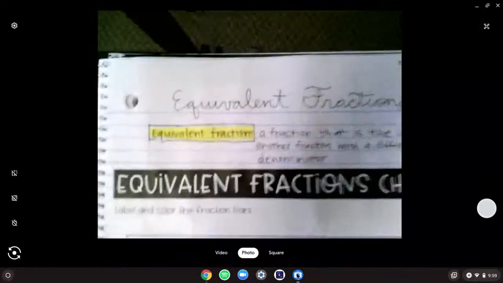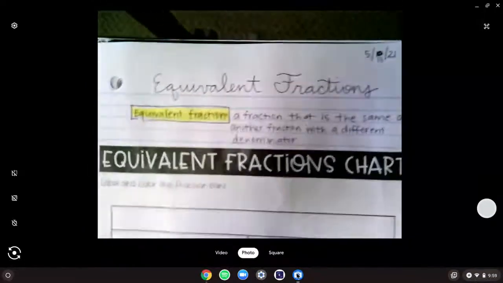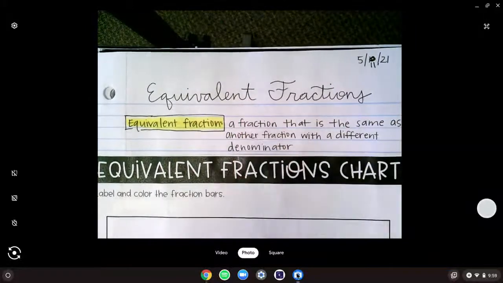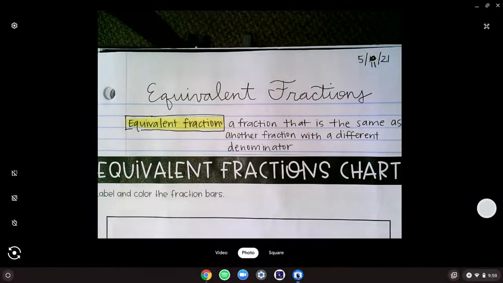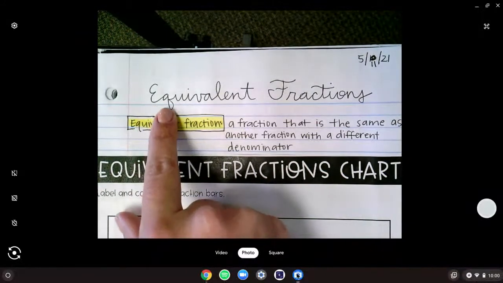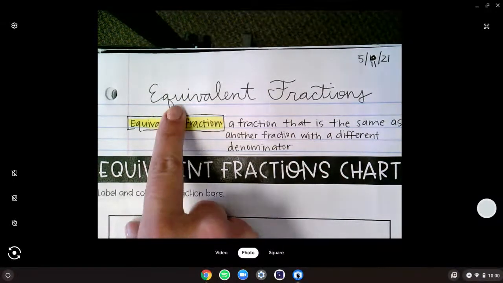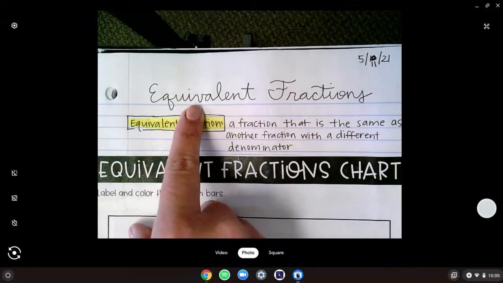We are going to start with our date in the corner. And then our title of our page. We want to give it our title, so if we're looking back through our notes, we know, oh yeah, this is when Mrs. Wells taught us about equivalent fractions. So we have E-Q. It is my writing. U-I-V. You don't have to do it in cursive.